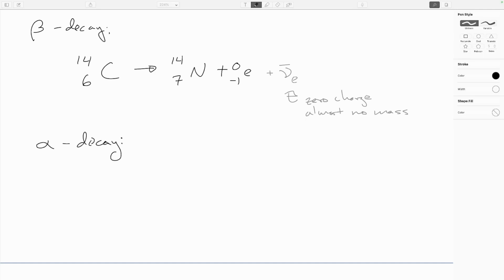And so when you have an unstable nucleus, often it's not bad to model it, and this is more of a mathematical approximation, but it isn't bad. So this is our larger nucleus.